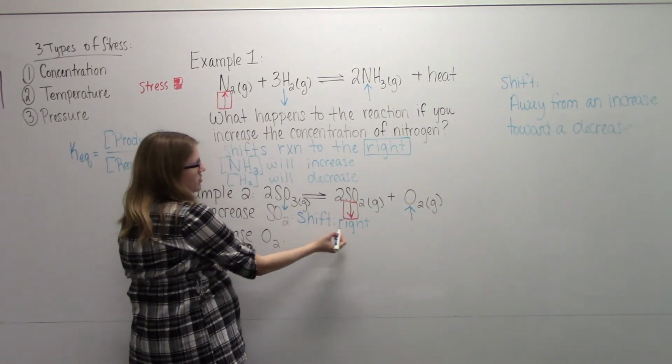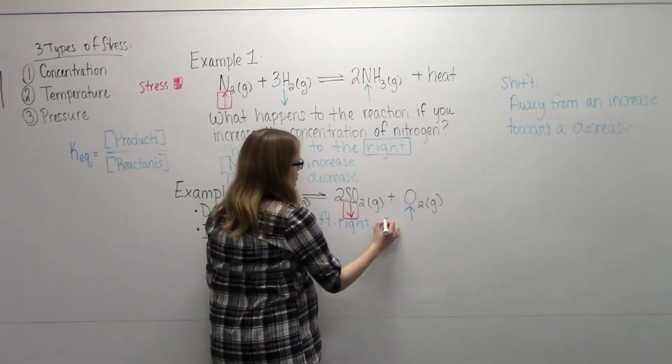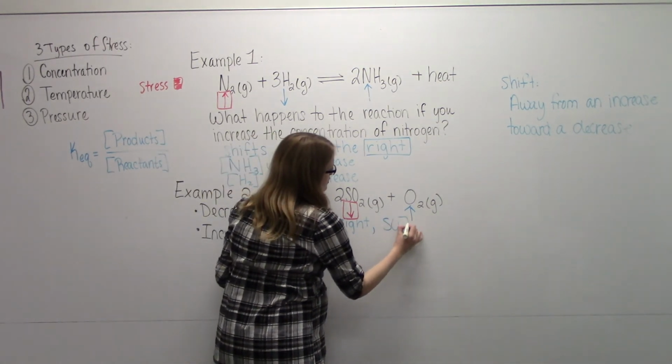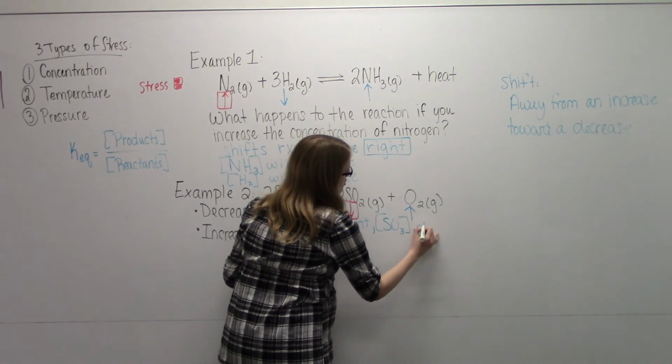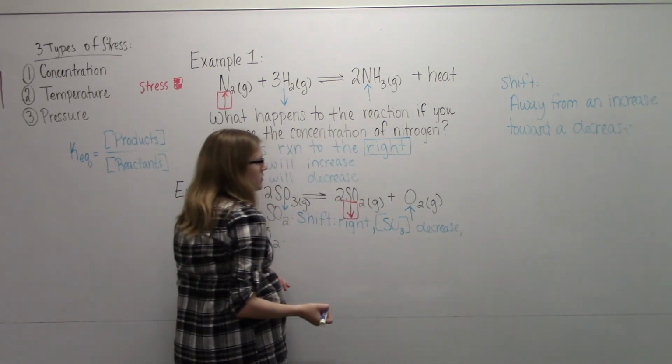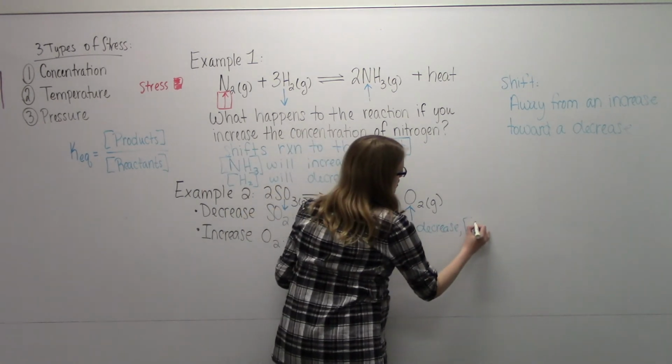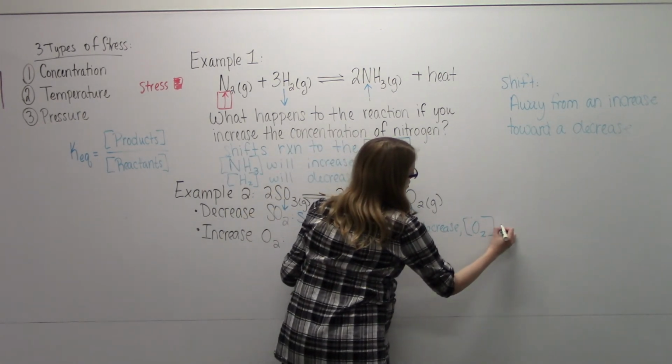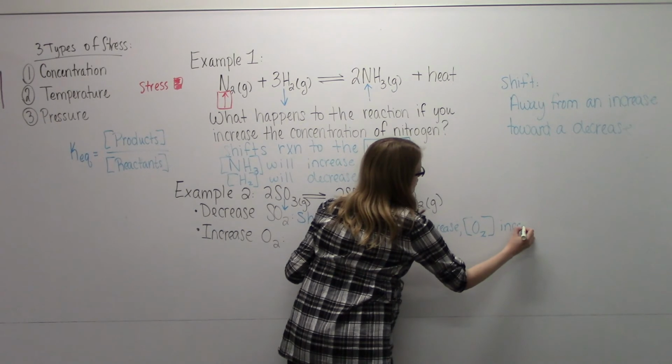So your answer would be shift right. SO3 concentration would decrease, and O2 concentration would increase.